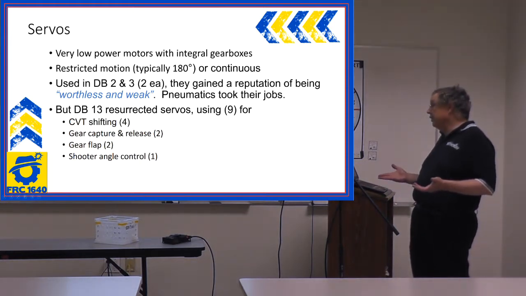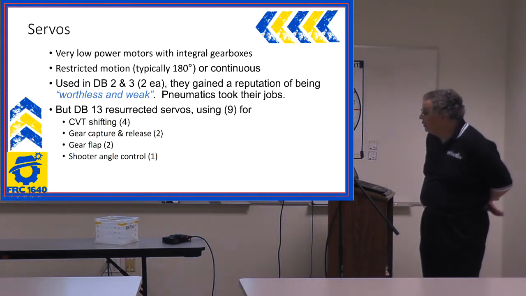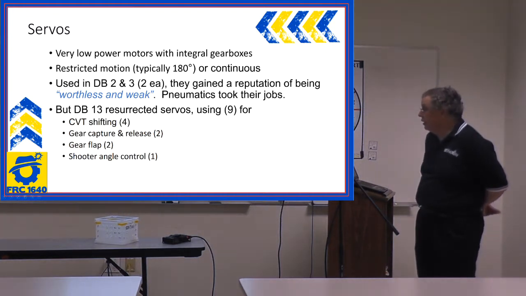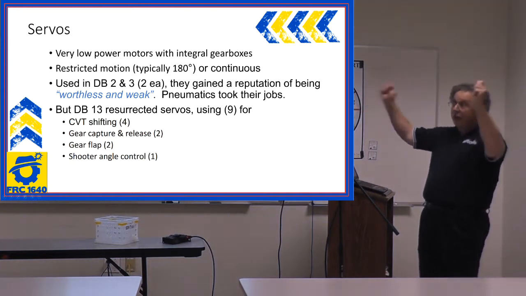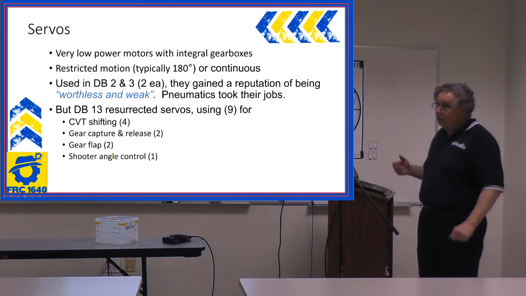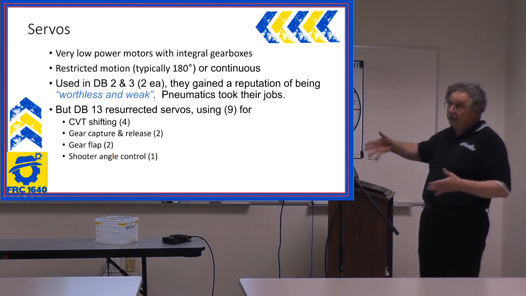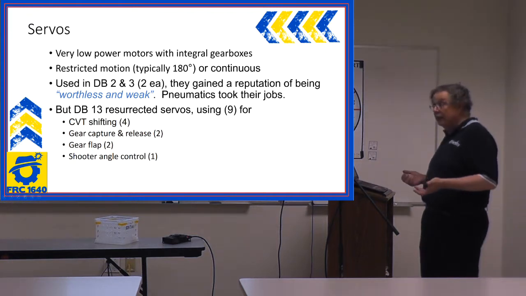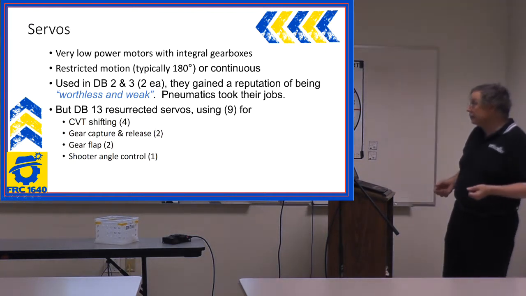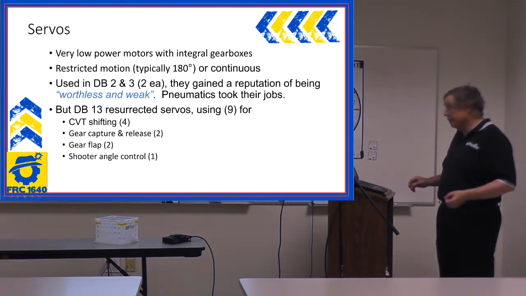We use 4 for CVT shifting, 2 for gear release and capture, 2 to open and close that gear flap, and 1 for modifying the shooting angle. It's really a lot of uses, and they turned out to be very good for this robot.